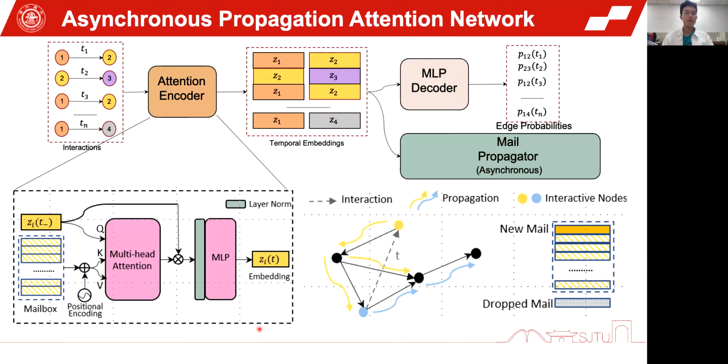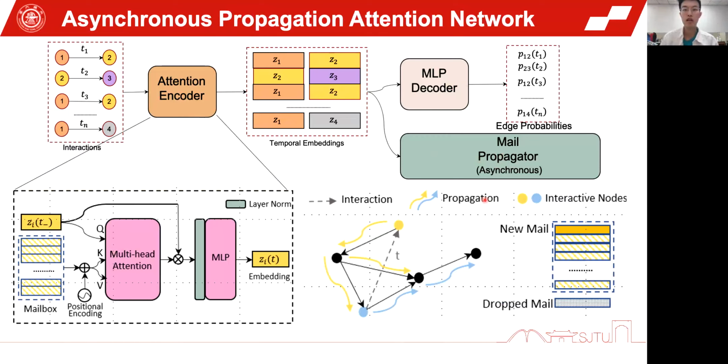So let's talk about the detailed construction of our model, Asynchronous Propagation Attention Network, APAN. APAN has two links. The first link is the synchronous inference link. In this link, we do not need any graph stuff. The second is the asynchronous propagation link.